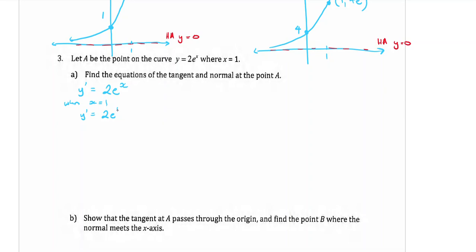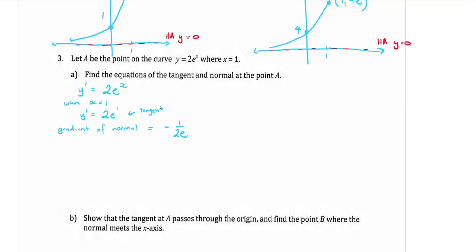While I'm here, the gradient of my normal is equal to the negative reciprocal of that. So it will be -1 over 2e. Okay, you can write a little note there if you want to, that this one here is the tangent.